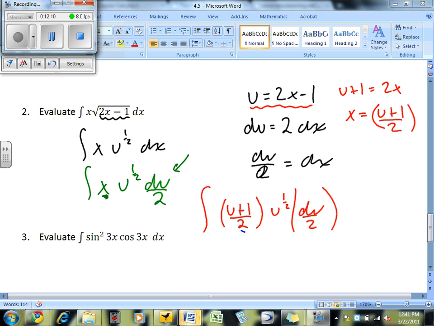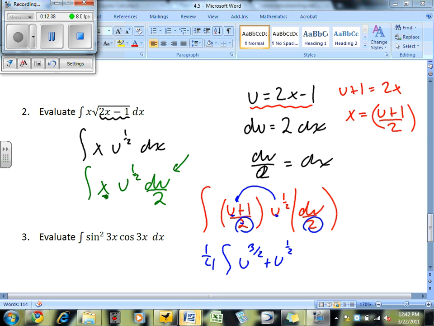We have a 1/4 that we can pull out, so we have 1/4 integral. Then we just need to distribute our u to the 1/2. When you multiply the same base with powers, you add. So we have u to the 3/2 plus u to the 1/2.